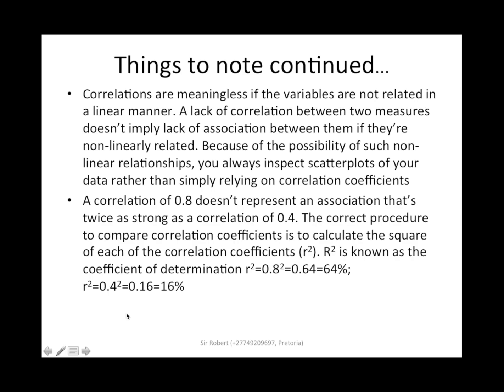Things to note continued. Correlations are meaningless if the variables are not related in a linear manner. So correlations work for linear relationships. A lack of correlation between two measures does not imply lack of association between them if they are non-linearly related.